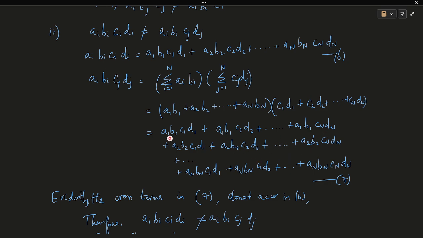Whereas in this term, there are the original A1 B1 C1 D1 terms along with cross terms like A1 B1 C2 D2, which do not occur in equation 6. So from these two equations, we can say this is not going to be equal to that.